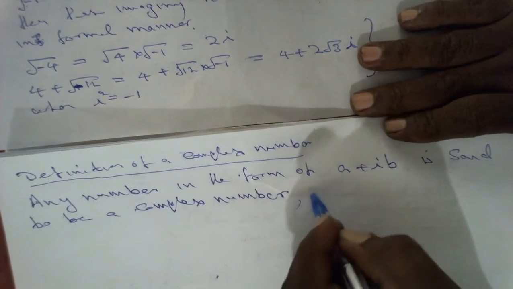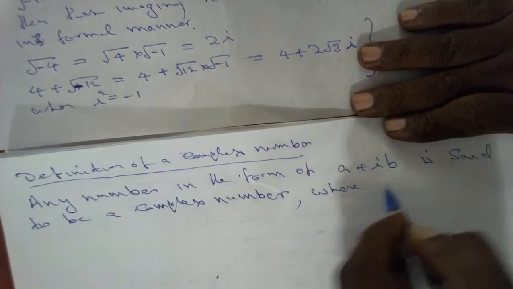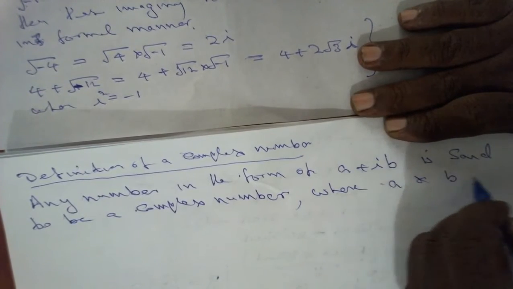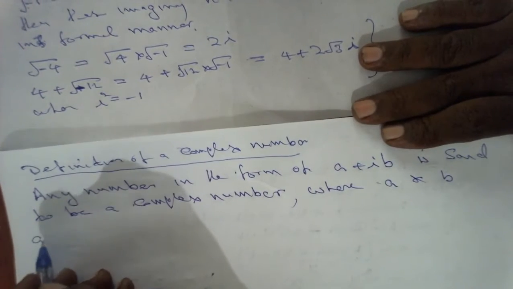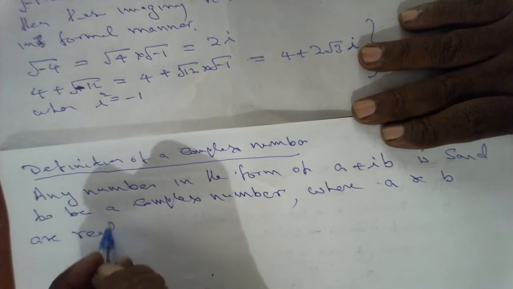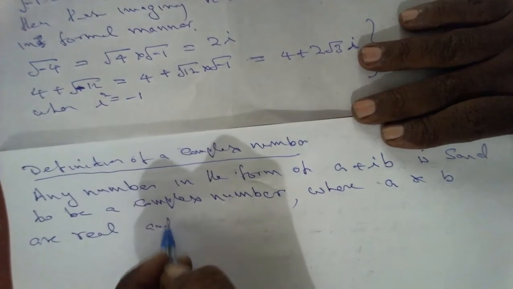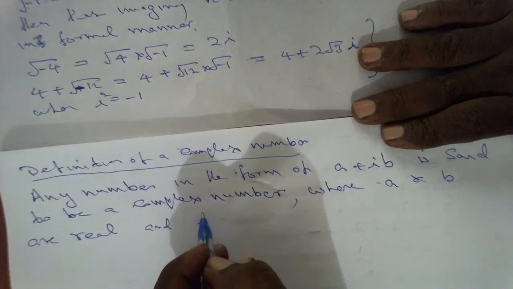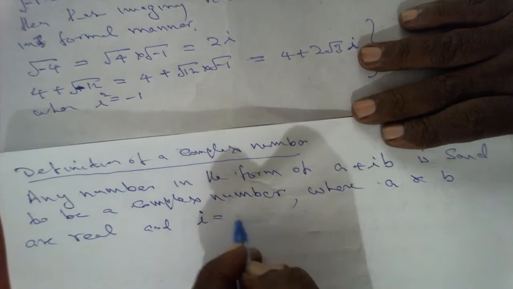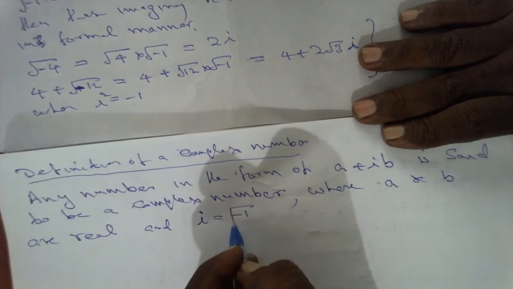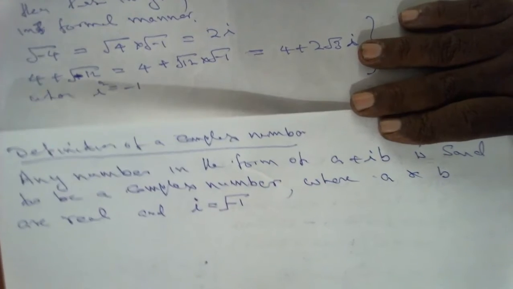A complex number, where a and b are real and i equals square root of minus 1. Okay?